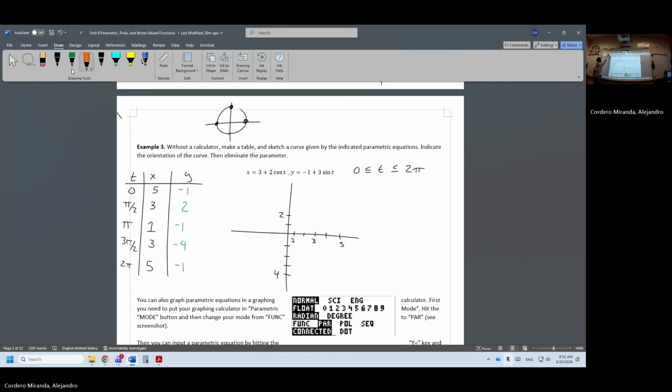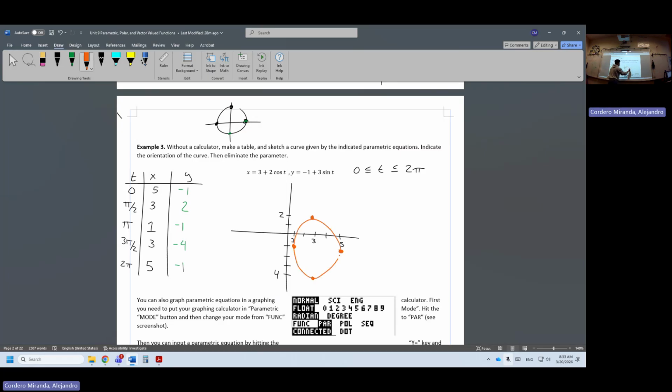Okay. And then let us graph that. So 5, negative 1 here. 3, 2 here. 1, negative 1 here. 3, negative 4. Here, back to this. So what we got is this shape.